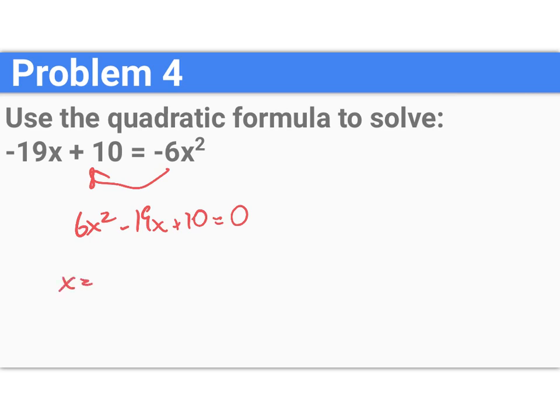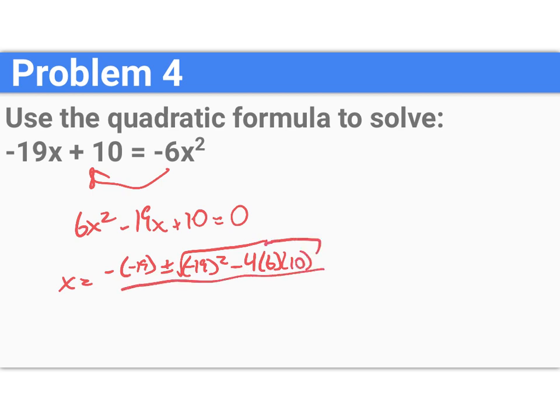So x equals negative of negative 19 plus or minus the square root of negative 19 squared minus 4 times a times c, all over 2 times a, which gives us 19 plus or minus the square root of 19 squared, 361. 4 times 6 is 24, times 10 is 240.